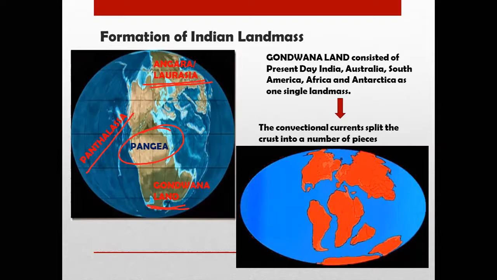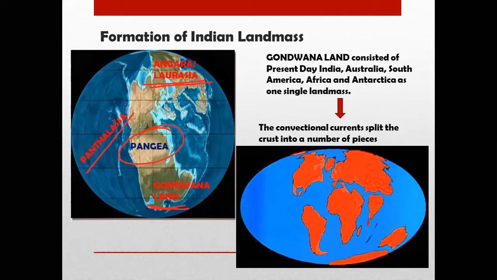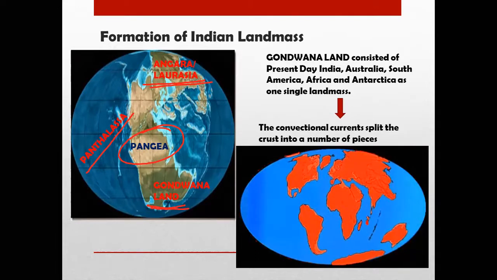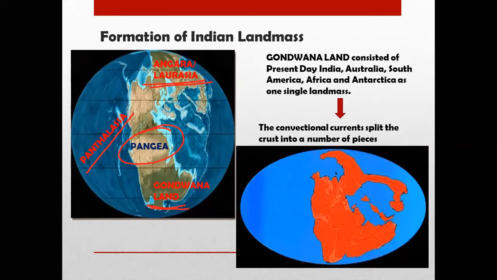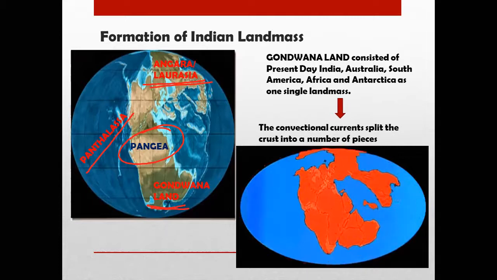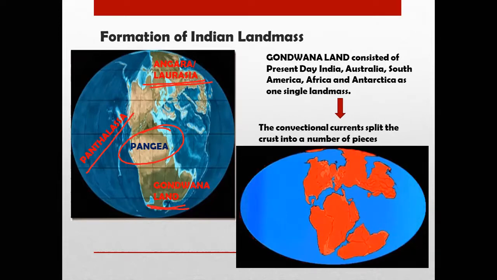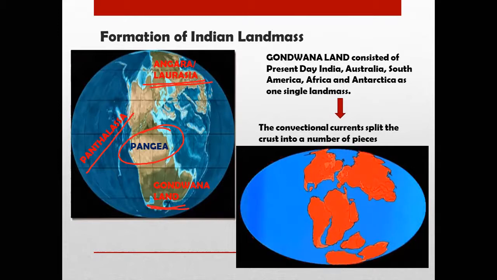Over time, what happened was convectional currents or heat currents released by magma inside the mantle caused the divergent movement of these plates, and it split the crust into a number of pieces, as you can see in the GIF below.